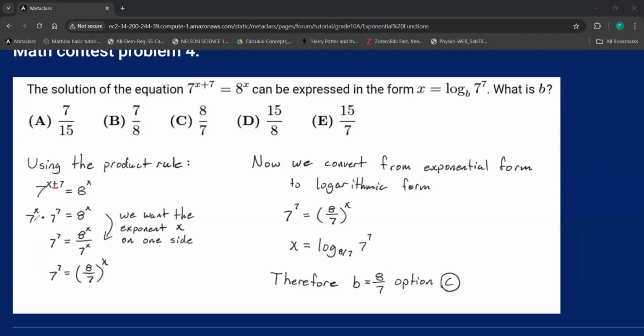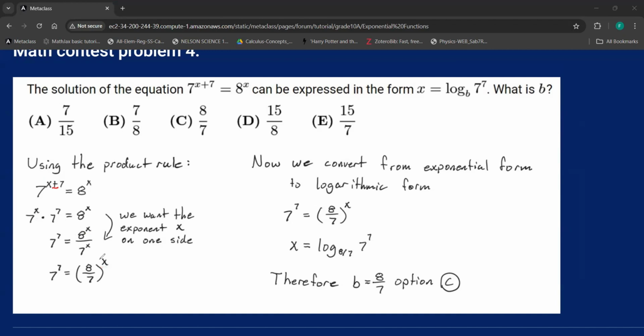So in this case, you can move 7 to the power of x onto the other side. So you get 7 to the power of 7 is equal to 8 to the power of x divided by 7 to the power of x. Okay, and then you can basically place the fraction in brackets, and you can move the exponent out, right?